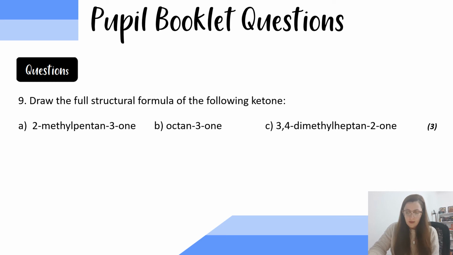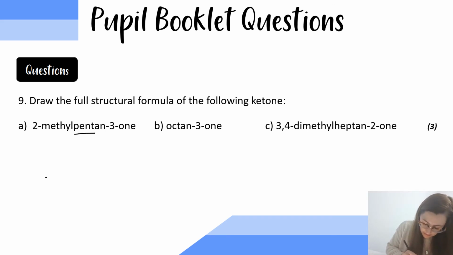The next question asks us, draw the full structural formula for the following ketones. And the first one we have is 2-methylpentan-3-one. So pent meaning 5, 1, 2, 3, 4, 5. 3, so my carbonyl group is on carbon 3, and 2-methyl.